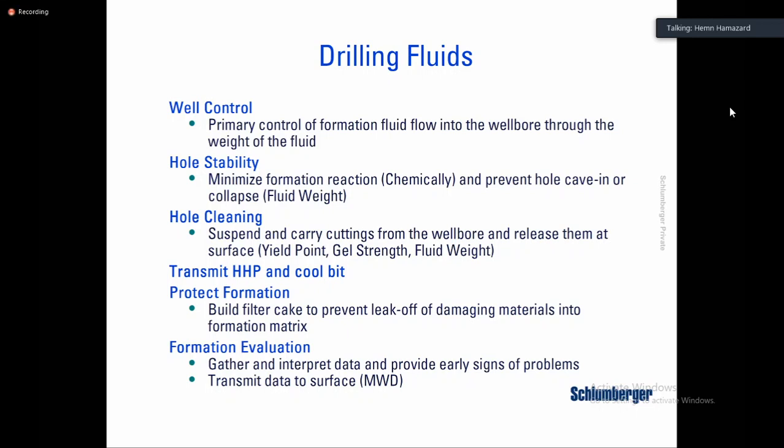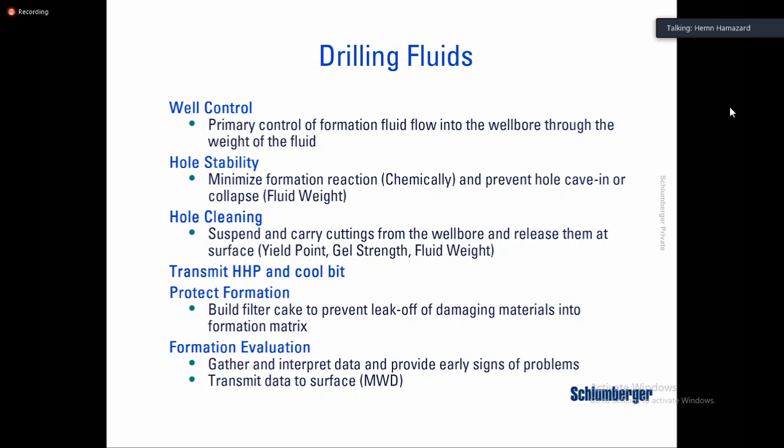So well control is prevented by the drilling fluids as the primary barrier. That means if you are drilling any development well or even appraisal well, you know your formation pressure in terms of PSI or whatsoever. And on the other side, you have the hydrostatic pressure of the mud.